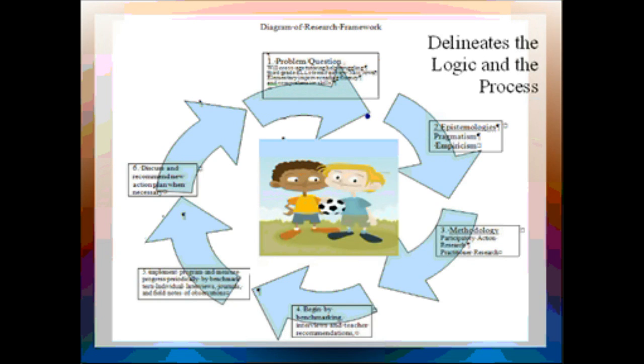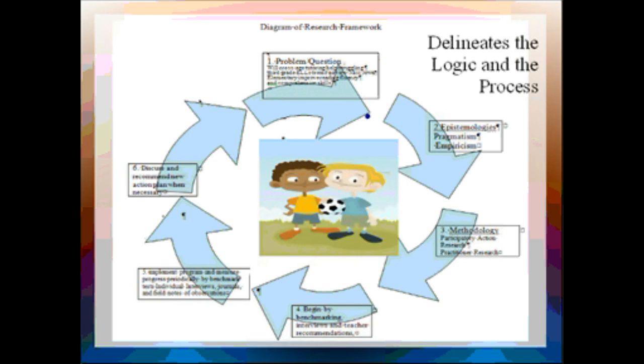Then, because that's a very practical methodology, she started by benchmarking what was going on currently through interviews and teacher recommendations, using that to implement some program changes and periodically measure, by going back to those same benchmarks, how they were doing.